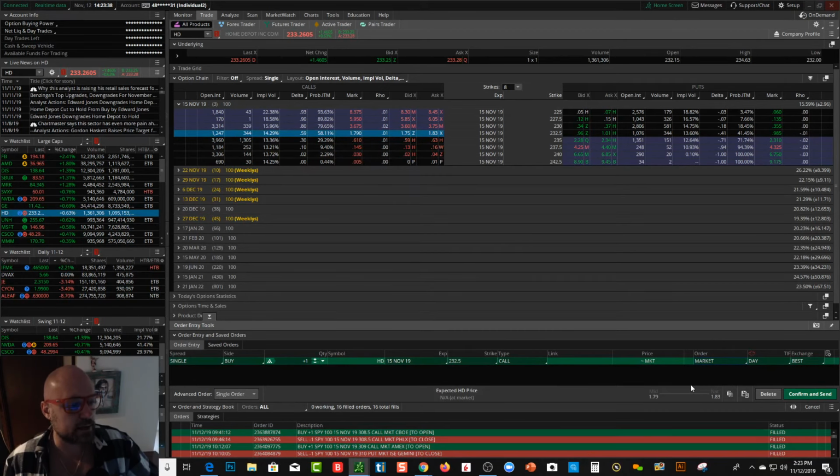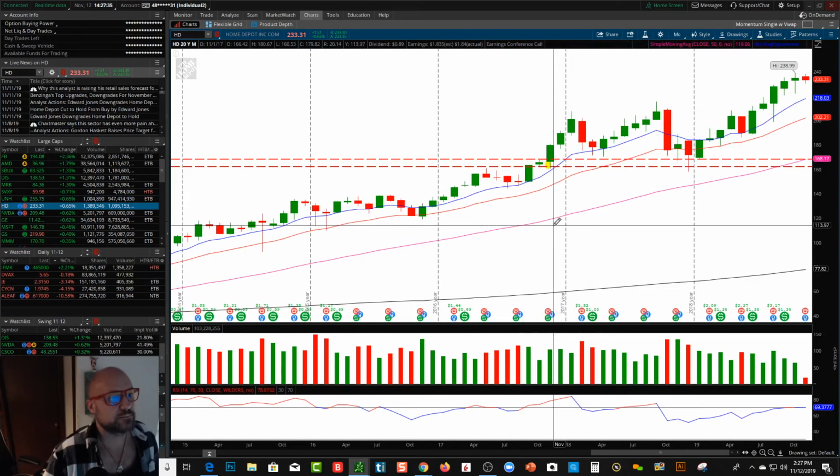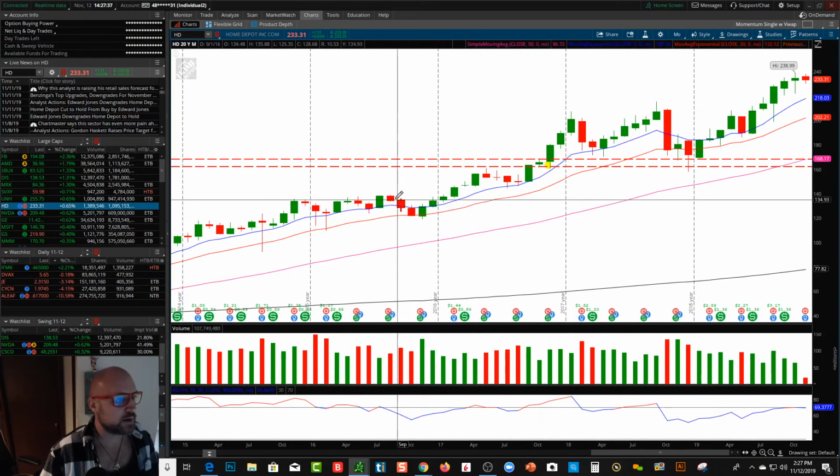Let me change it to monthly and see what it looks like. It's a little bit further away, right? You can see it had a bounce off that shooting star candle, a little doji, and takes off. If I was on a monthly, I'd watch for something that moves back to the moving average lines, like this right here. Here's a monthly chart.